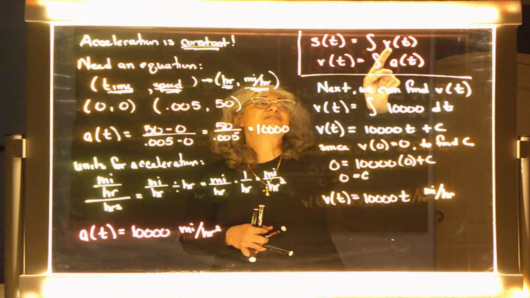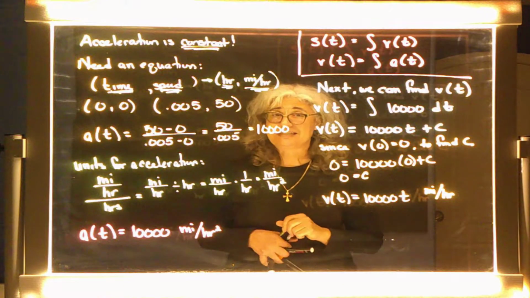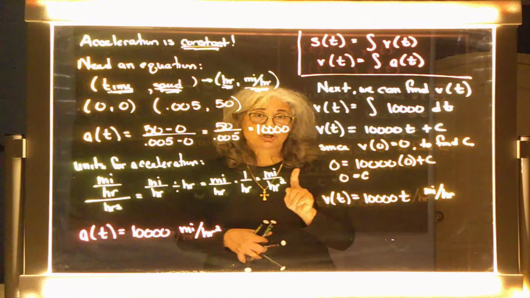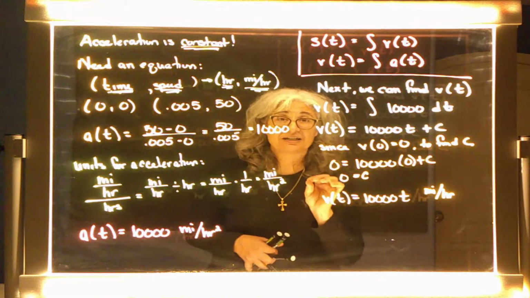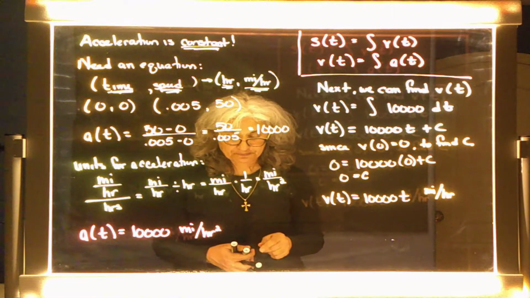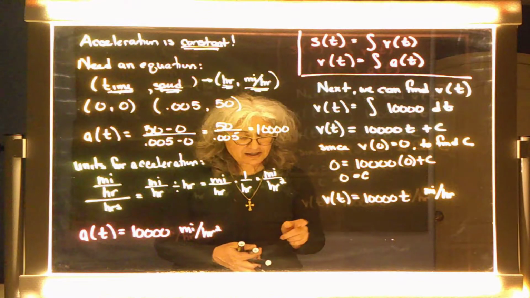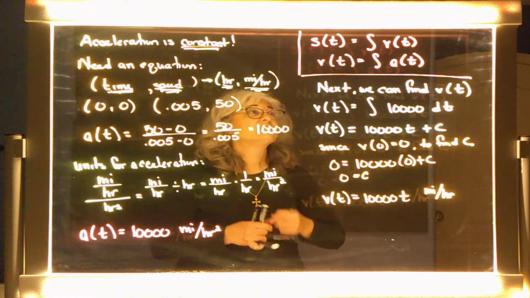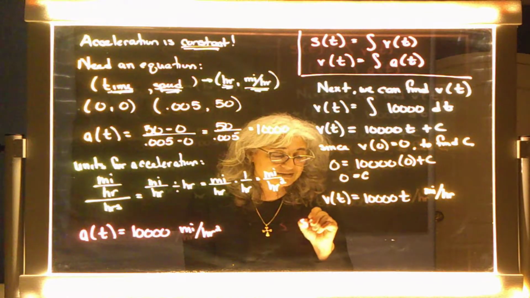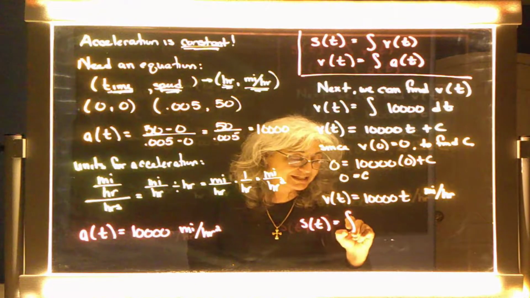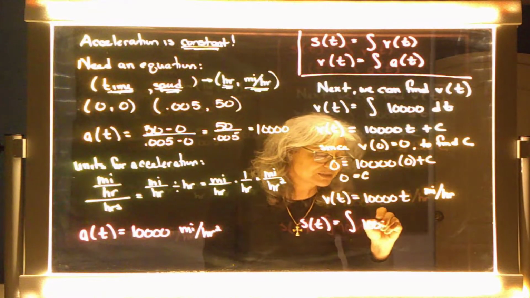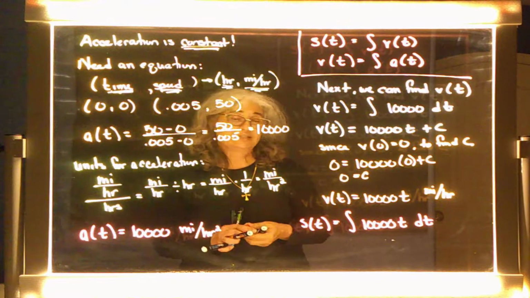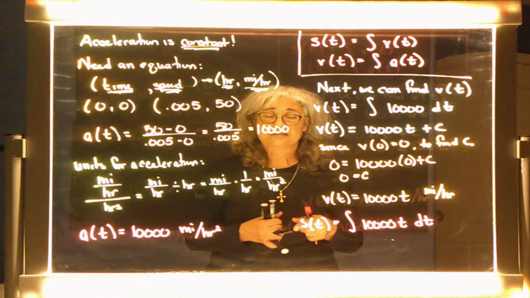If I integrate the velocity, it will help me find the distance, won't it? Okay, so I'm hoping I've got enough board space, so bear with me. We are going to find s of t, we are going to take the integral of the velocity, which was 10,000 t, with respect to t. So that's why it's dt there.